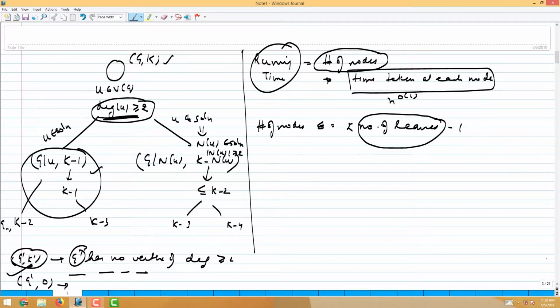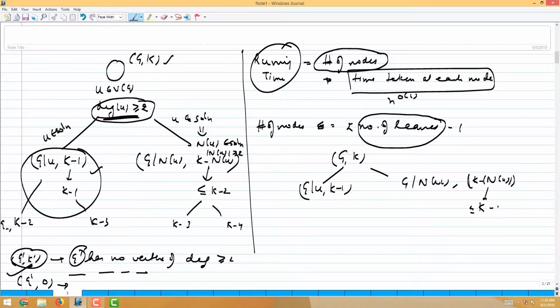Again, try to write some sort of a recurrence to do that. We had an instance g comma k, and then we are making instances which are g this and g minus n of u, comma, and this is at most k minus 2.